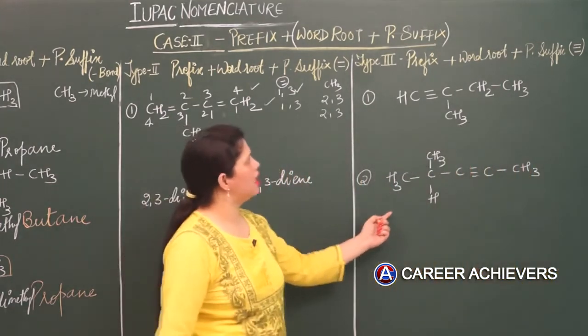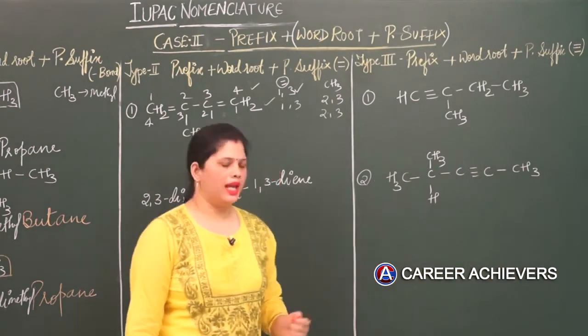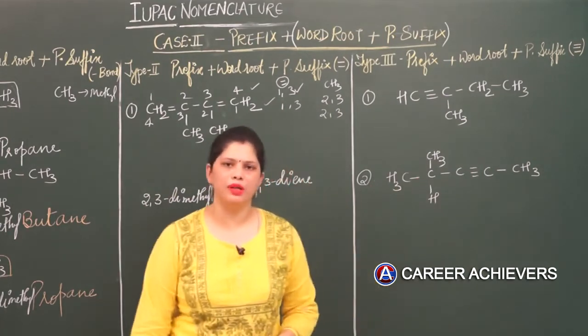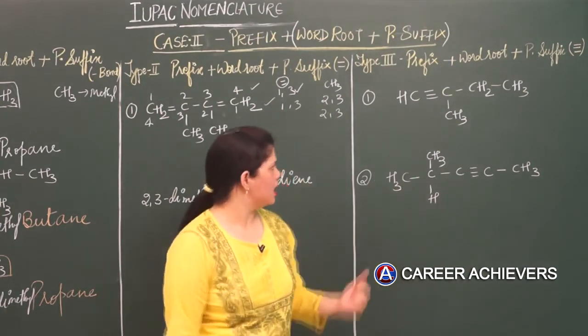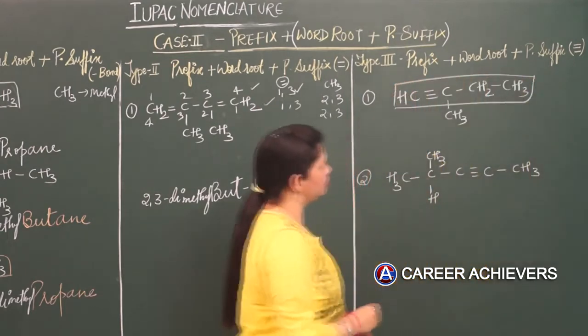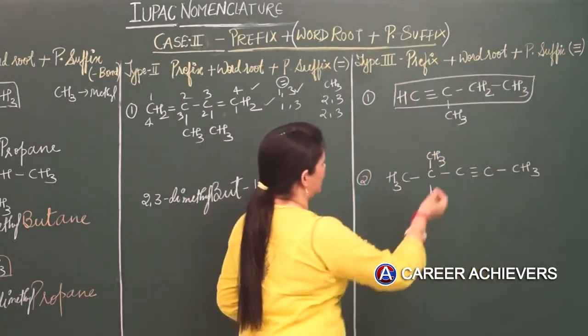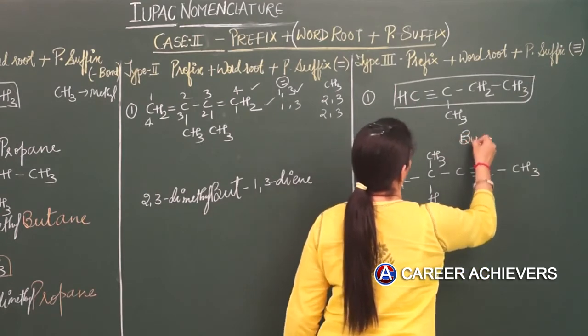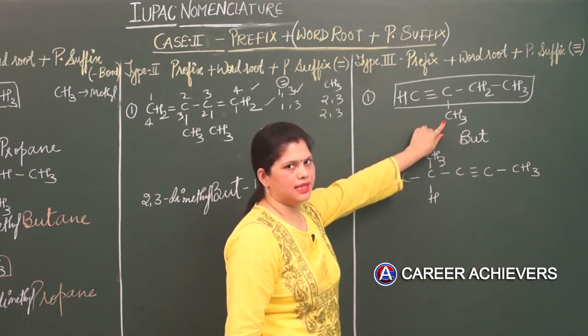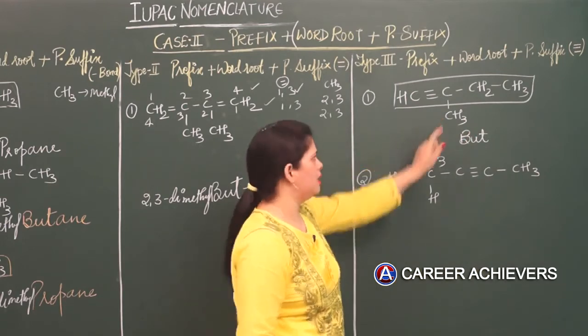Now talking about the last, third case, when the primary suffix in the same sequence is a triple bond, the same rules are followed. Again here you have to select the longest chain. It again has 4 carbons, so but would be the word root. This is not in the chain, so it is treated as the prefix methyl, right?